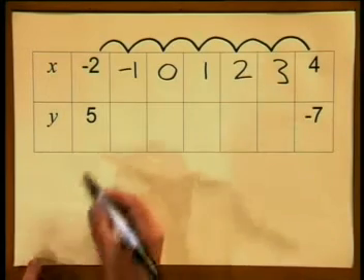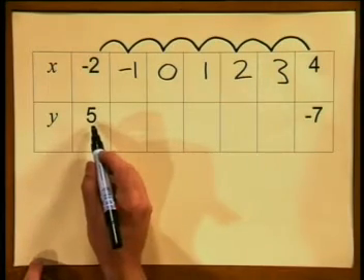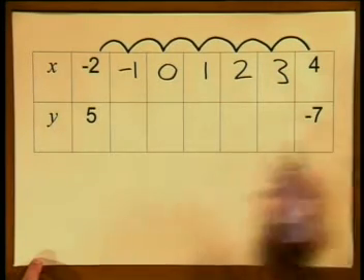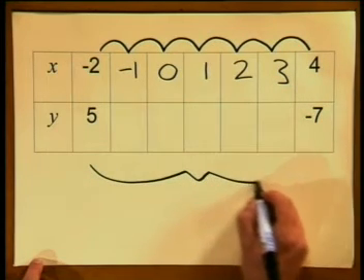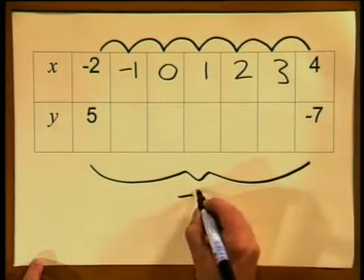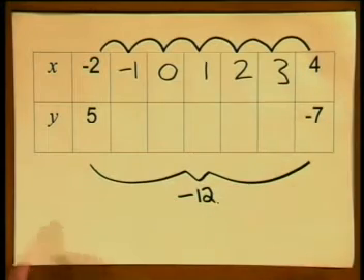Now let's see how the output or y values have changed. From where y is equal to 5 to y equal to minus 7, that is a total decrease of 12 units. For the total of 6 units that the input values have changed, the output values have decreased by 12 units.